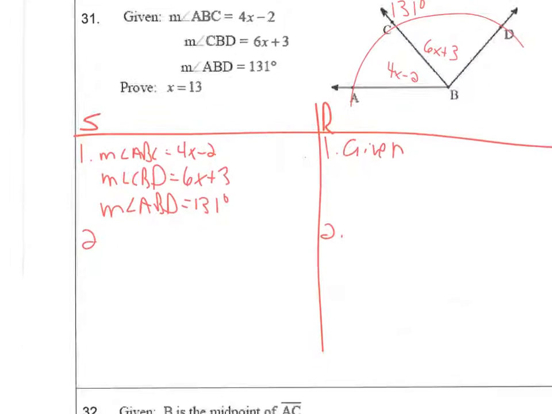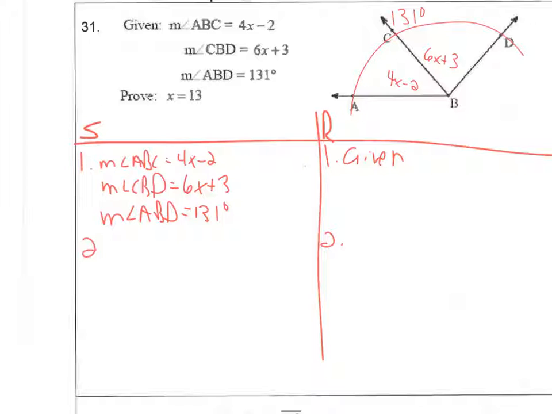Now, here's the part that people generally mess up on. You have to explicitly say what is added together to equal the whole. And so in this case, it's the angles. So I can say the measure of angle ABC plus the measure of angle CBD equals the measure of angle ABD. And that's because in one of those new ones we had the angle addition postulate.